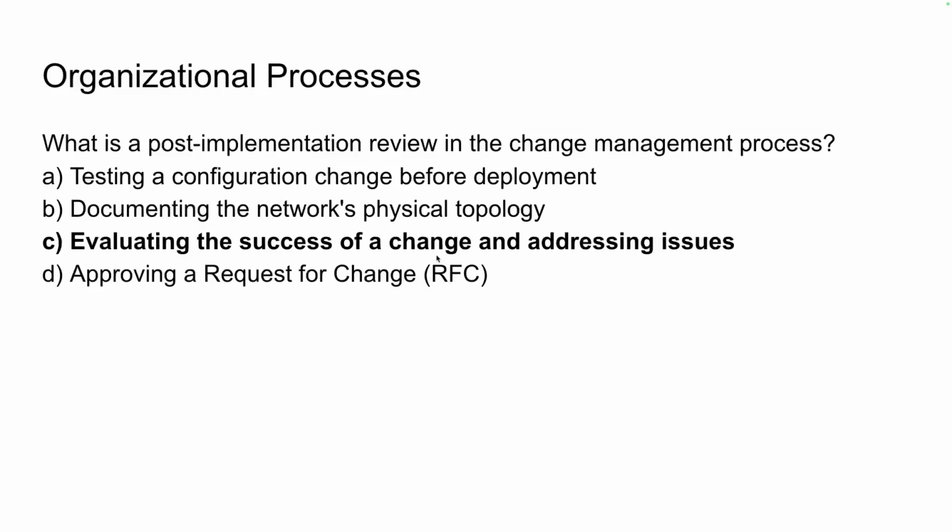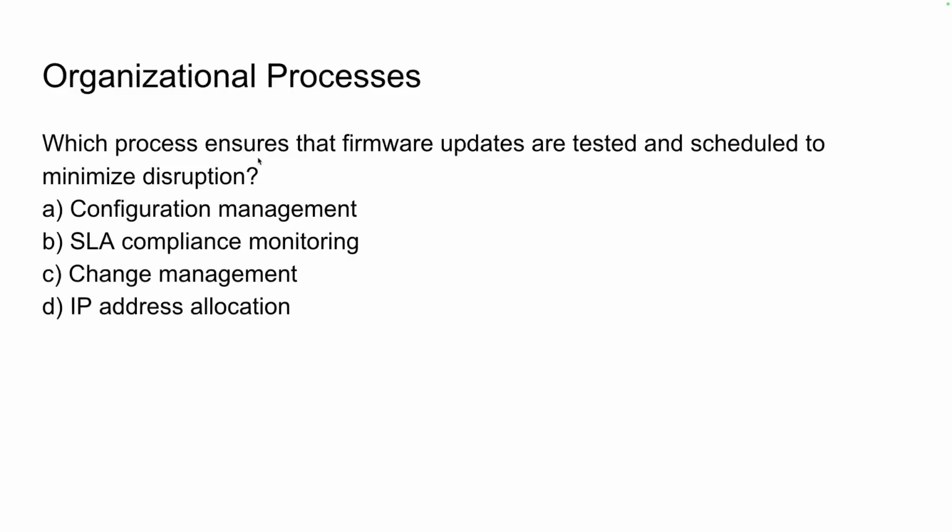So evaluating the success of the change. Next: which process ensures that firmware updates are tested and scheduled to minimize disruption? Is it configuration management, SLA compliance, change management, or IP address allocation? So change management and configuration management are the only ones that stand out.